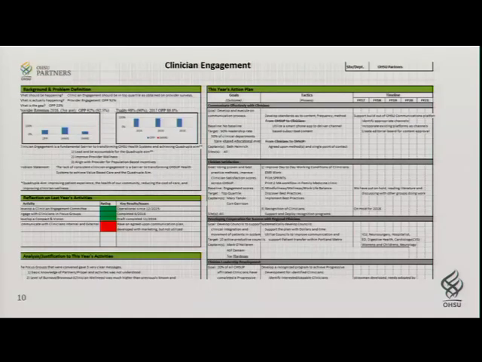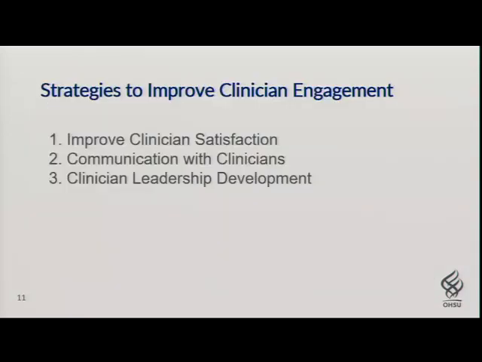Studies at OHSU have actually studied clinician engagement, and they've distilled the recommendations down to 3 things that should improve clinician engagement here at OHSU. Those 3 things are improving clinician satisfaction, fostering communication with clinicians, as well as developing clinician leadership.